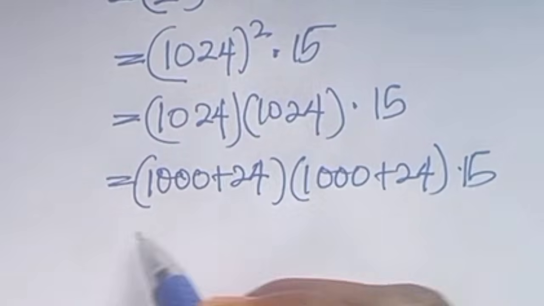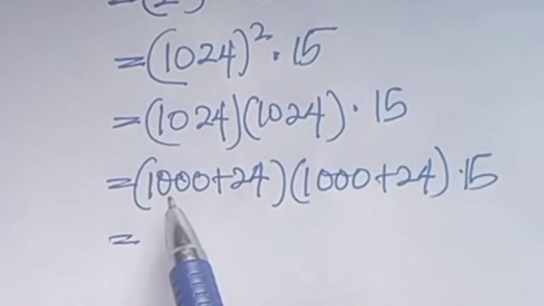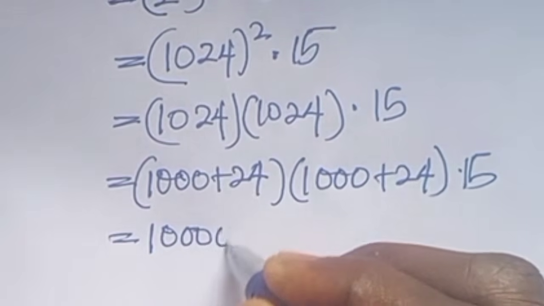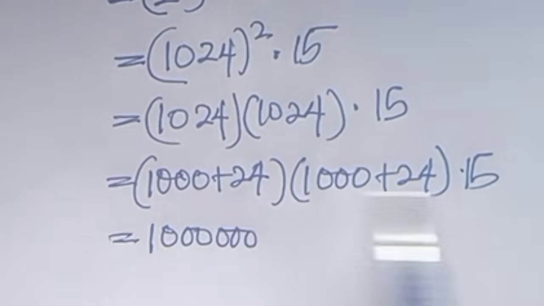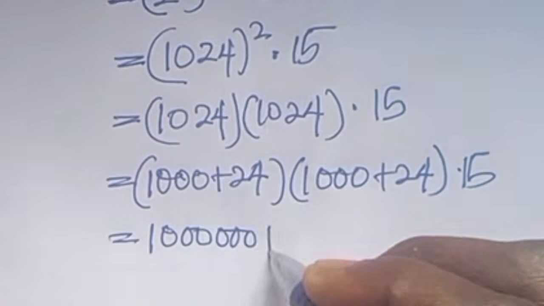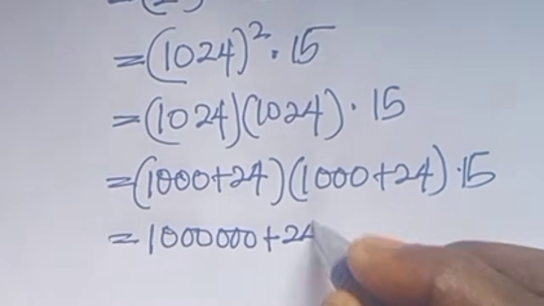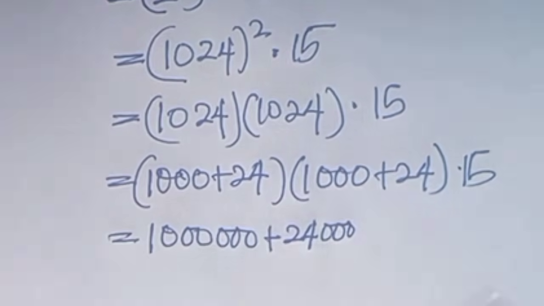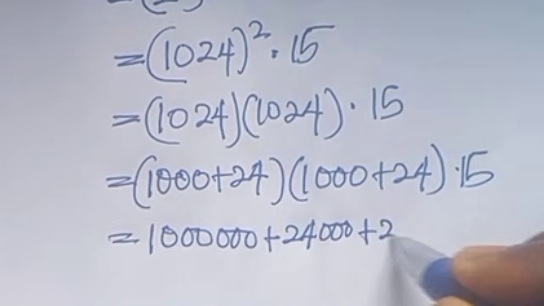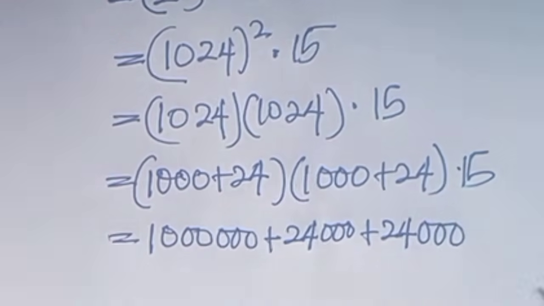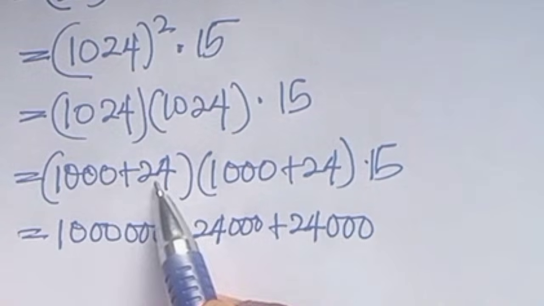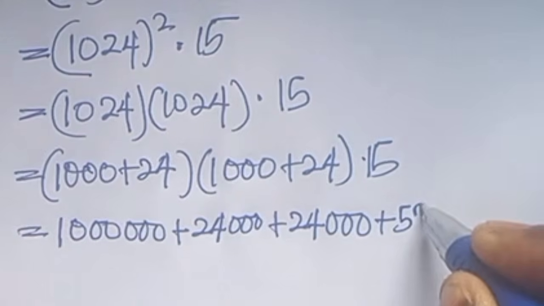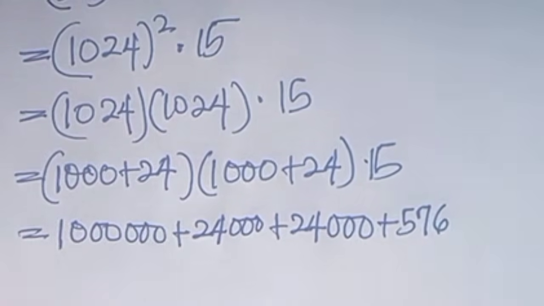So if we open this bracket, the next line will become 1000 times 1000, that is 1 million, 6 zeros, and 1000 times 24, that will be 24,000, and 24 times 1000 again is 24,000, and 24 times 24, 576.